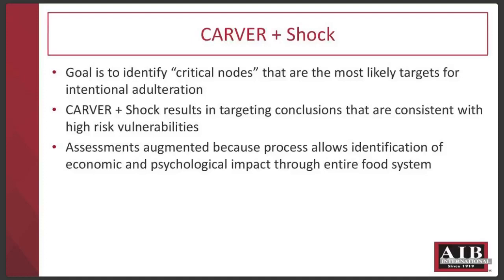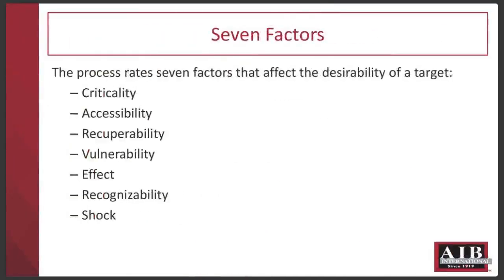Now, CARVER plus Shock is an acronym, and it fits these following 7 attributes. So when you're doing the assessment using CARVER plus Shock, it hits these 7 nodes. So it covers criticality, it covers accessibility, it covers recuperability, so how fast can you recover after an event, and not just focused on the facility, but also on the individual's health that might have been affected.